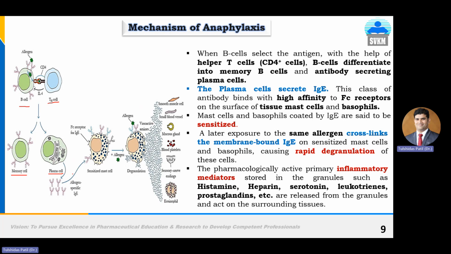After this antigen or allergen exposure, the plasma B cells secrete immunoglobulin E, that is allergen-specific IgE antibodies. This class of antibody has high affinity for the Fc receptors which are exposed on the surface of mast cells or basophil cells.